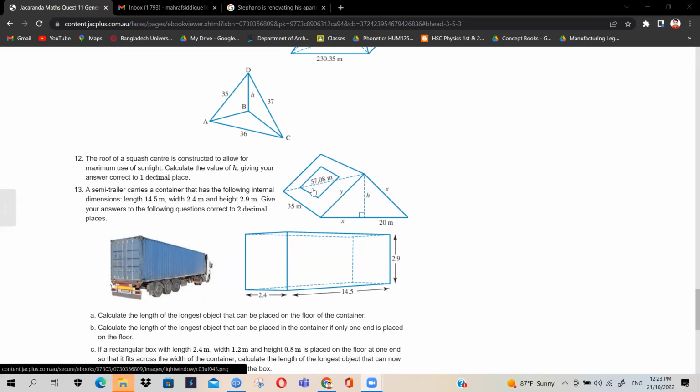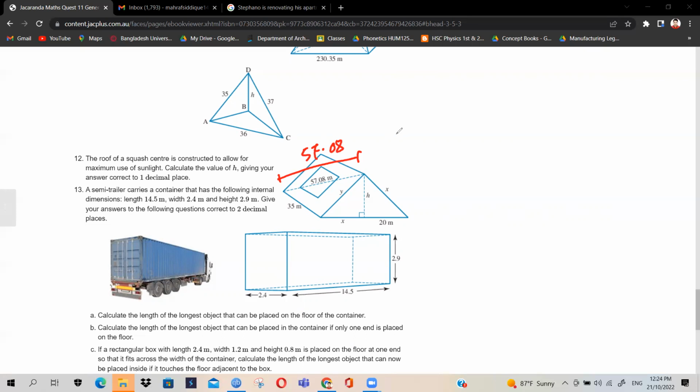What is 57.08, this value, like this diagonal? This is not the proper way to write it. The proper way would be, if we draw it, something like this, so there is no confusion among the students.